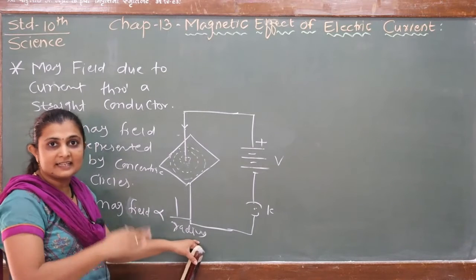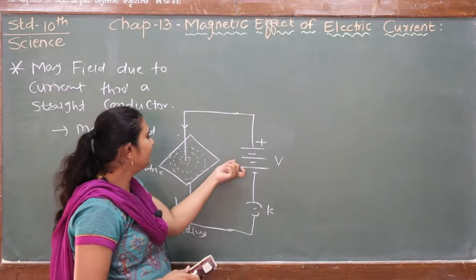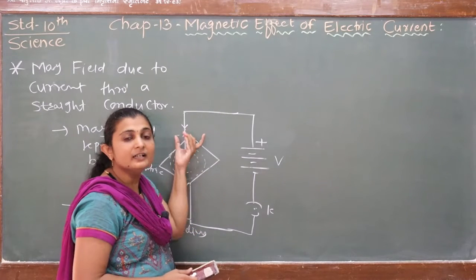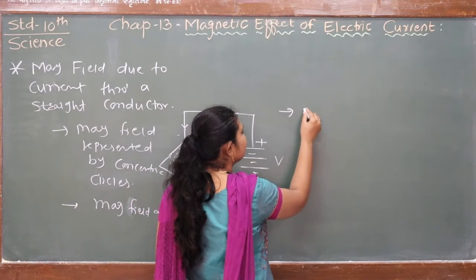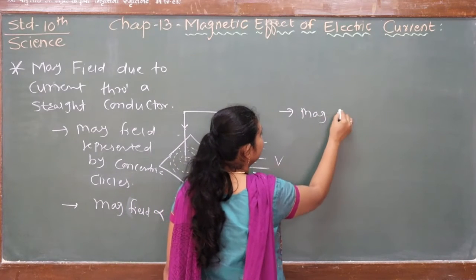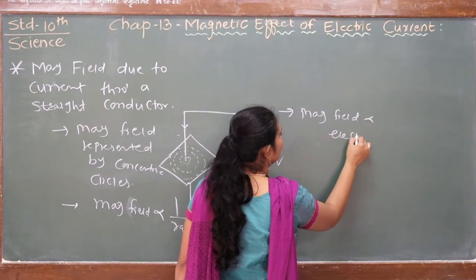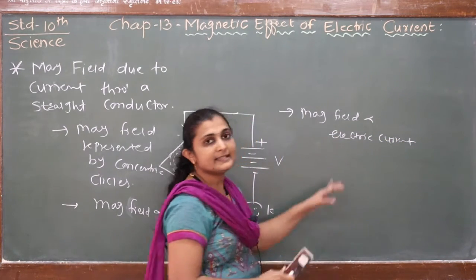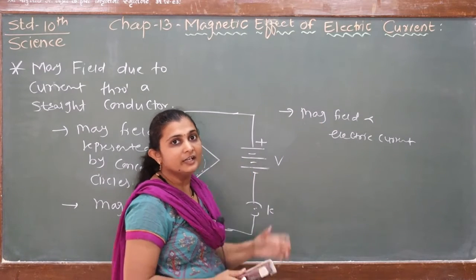As radius decreases, magnetic field increases. Again, if you increase the current, then the magnetic field also increases. Magnetic field is directly proportional to electric current. Current increases, magnetic field also increases. Current decreases, magnetic field also decreases.